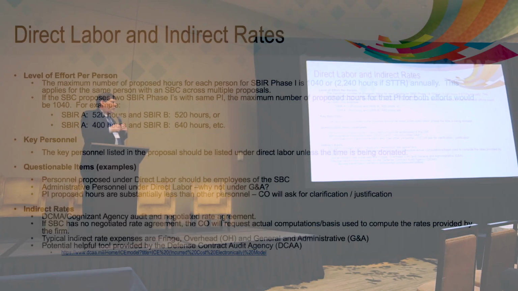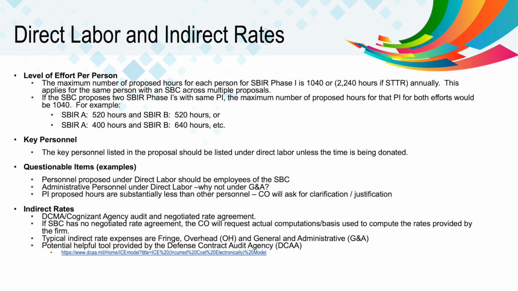For indirect rates, we already talked about fringe benefits, overhead, and G&A. If you've got a rate agreement from your cognizant agency, we're going to make sure that your proposed rates comply with that rate agreement. If you do not, we're going to ask you to submit a basis of computation.